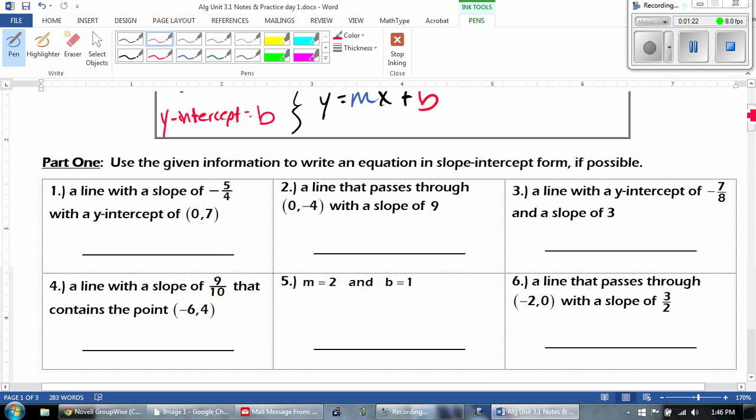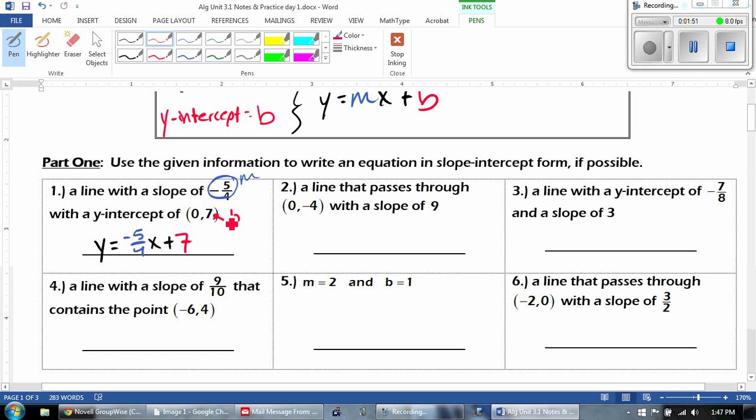So part 1 says use the given information to write an equation in slope-intercept form if possible. So a line with a slope of -5/4 and a y-intercept of 7. So we would say that y equals, our slope is -5/4 x plus the y-intercept of 7.